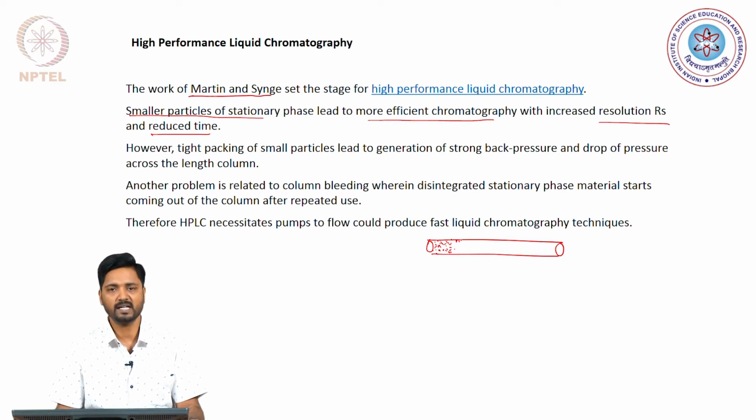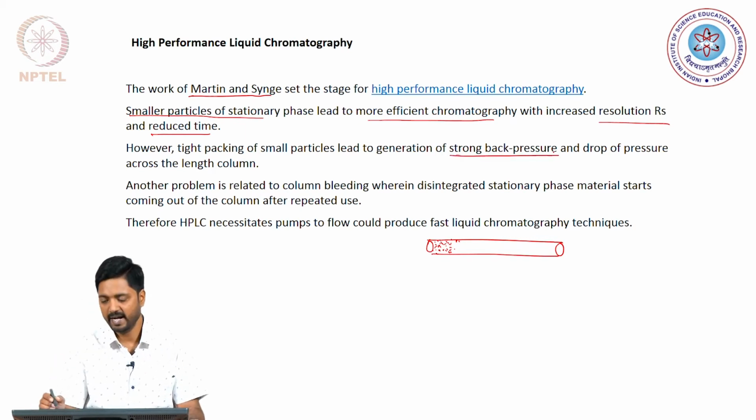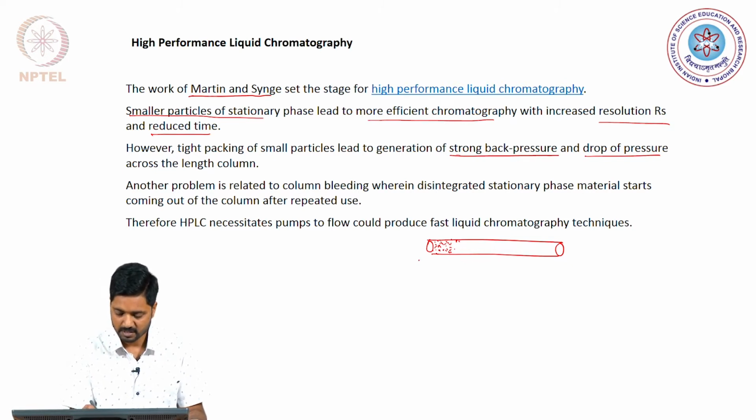Now, that brings about another level of challenges with regards to the actual practice of liquid chromatography, and that is the generation of strong back pressure and a drop of the pressure across the column length. Let us try to understand this.